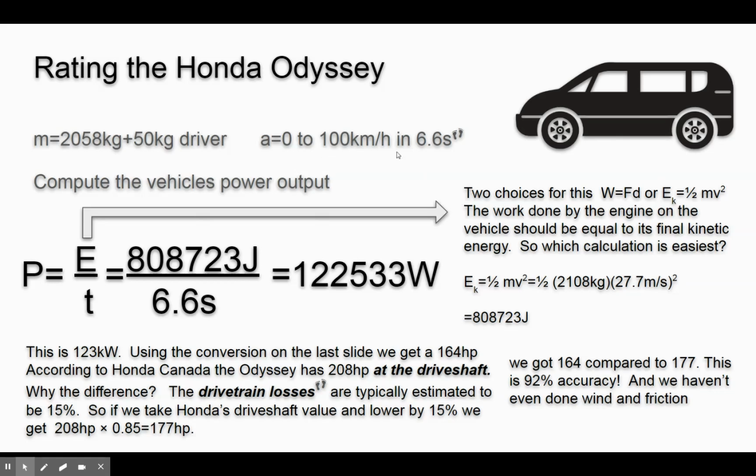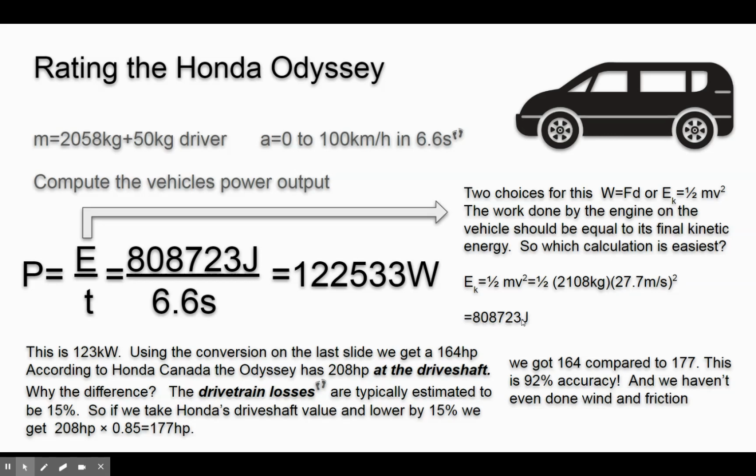Since we've been told the final speed, the easiest thing to do would just be use 1/2 mv squared. If you had to do force times distance, you would have to compute acceleration first, compute force, compute work. You'd get the same answer, but it takes 3 steps. This takes 1.